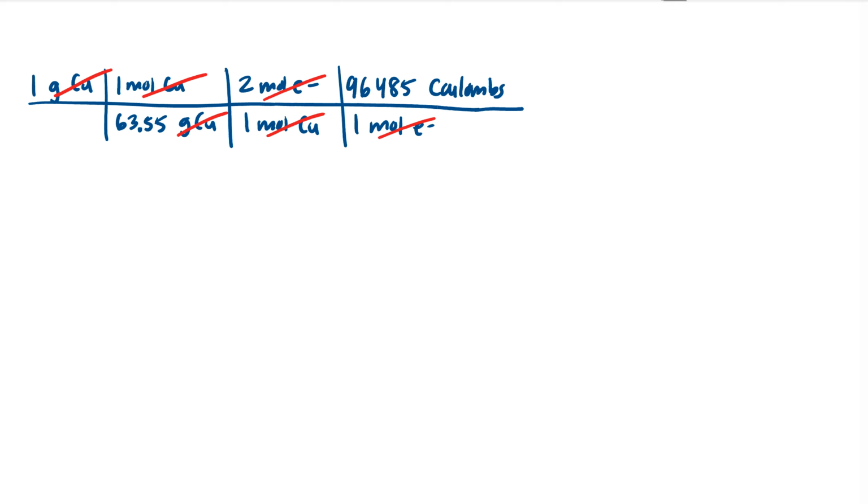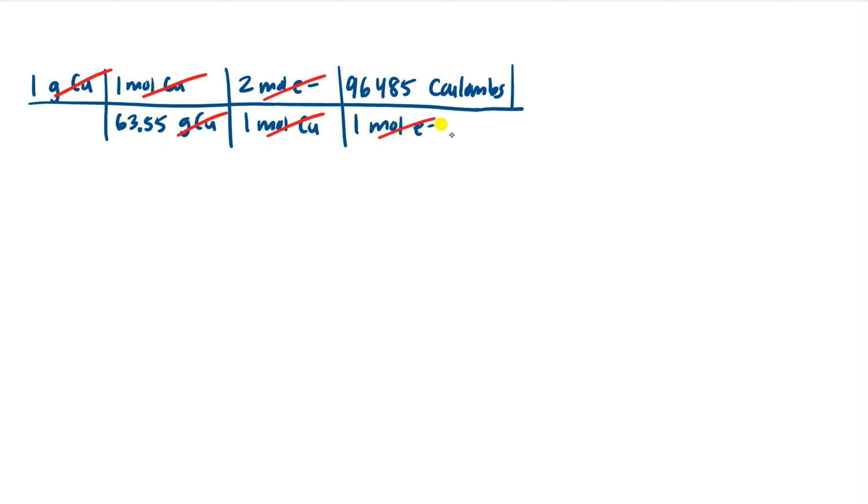All right, so the alternative way to do this, all dimensional analysis, is to do everything the same way. You go from your grams to your moles of copper to your moles of electrons and then to coulombs. And then after this step, we can use the current in amps as a conversion factor.